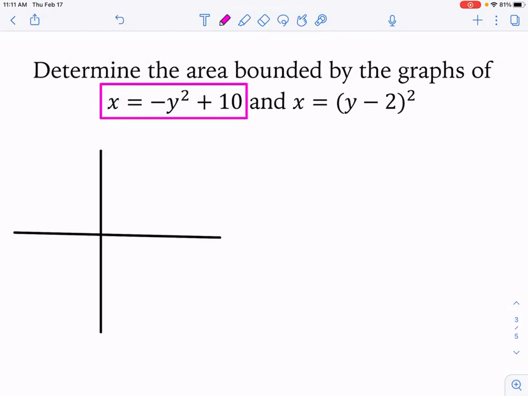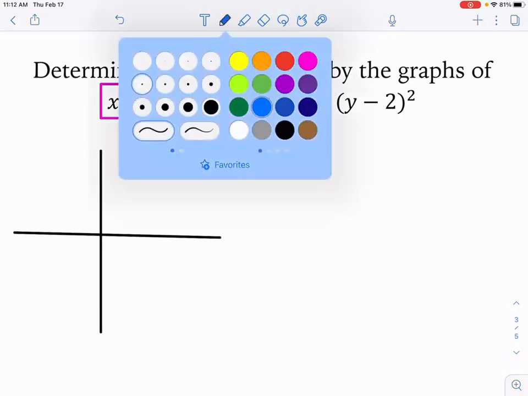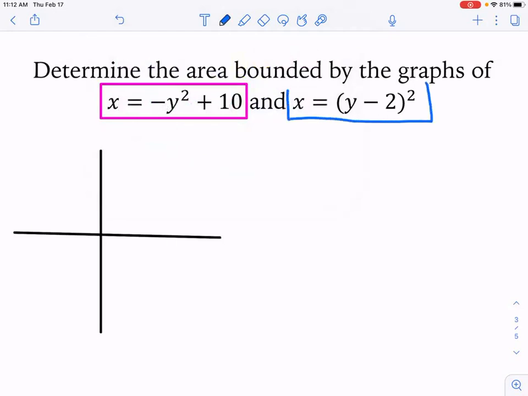Okay, x equals -y squared plus 10. Okay, notice how both of these are solved for x, and they're both parabolas that are opening sideways.